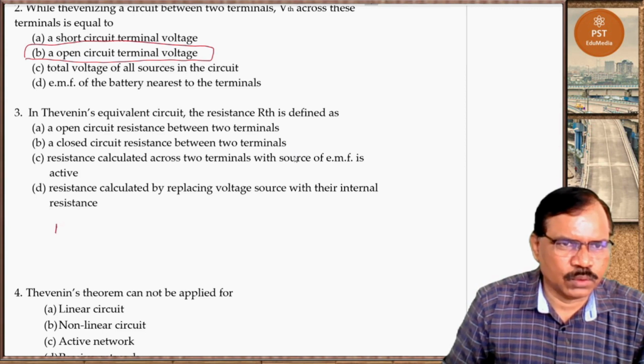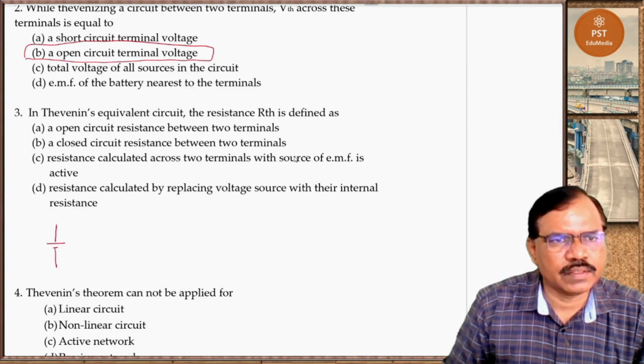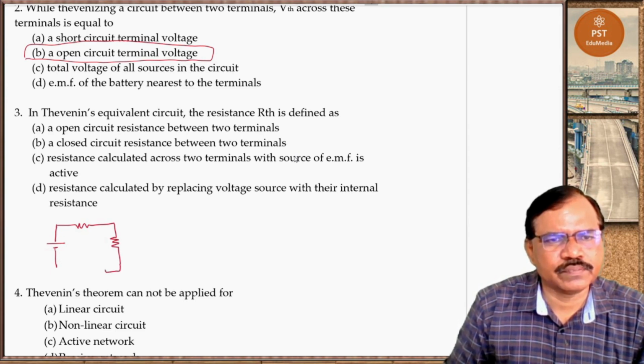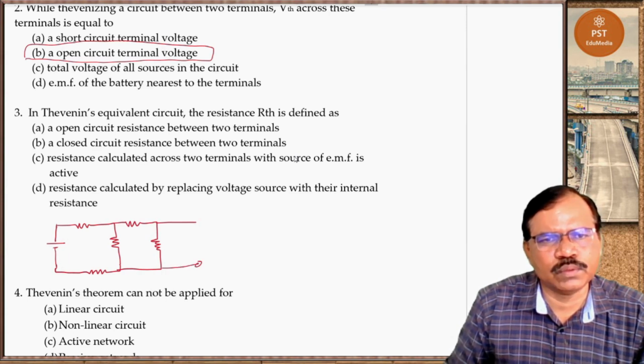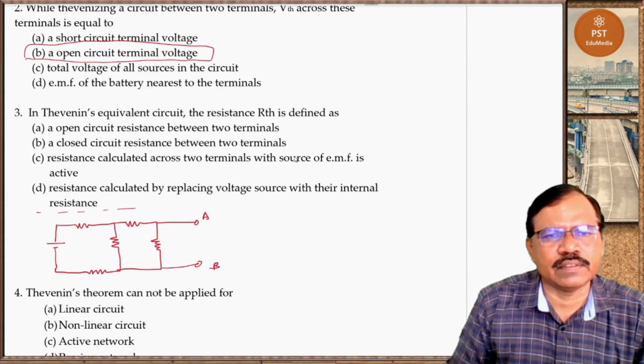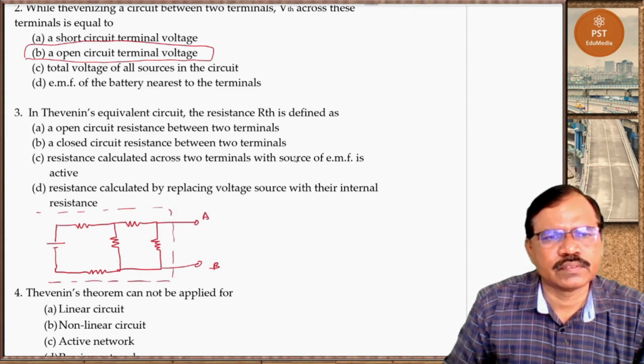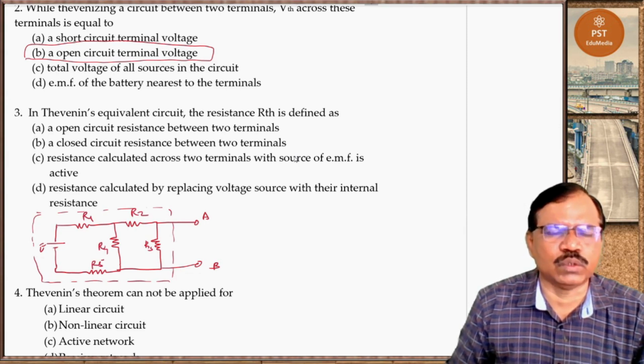Means here, suppose we have some network like this, any network, and suppose we take two terminals out, A and B. So this is network. Here battery, R1, R2, R3, R4, R5 and so on.